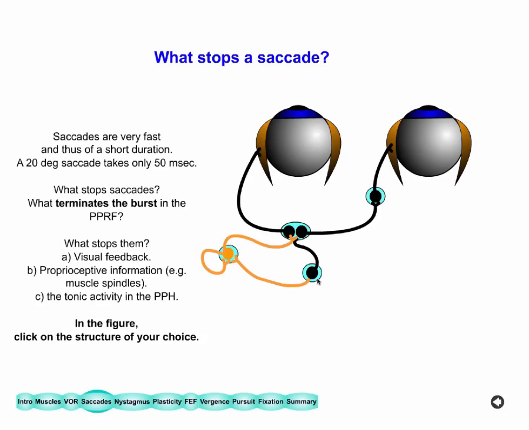Now, when you think about it, a saccade of about 20 degrees, so that's a little bit off from your periphery, will take something like 50 milliseconds. A bigger saccade will take maybe twice as much, but not much longer. So these are very fast things.